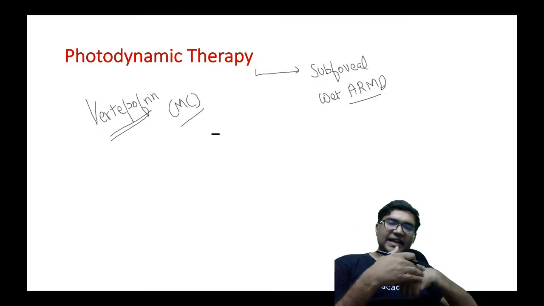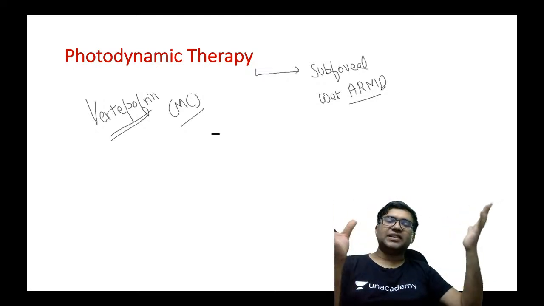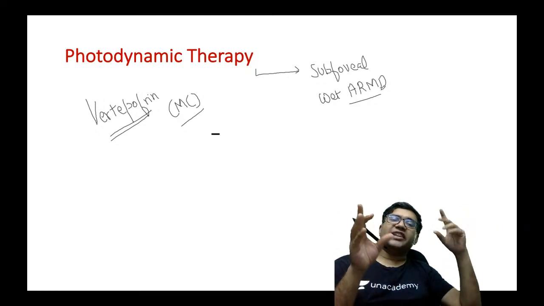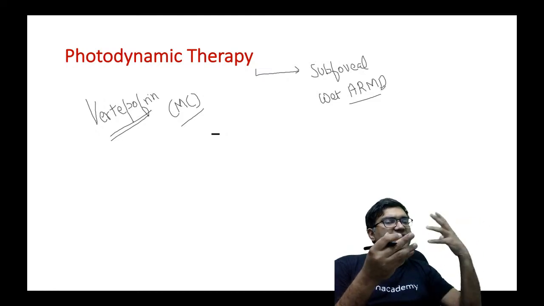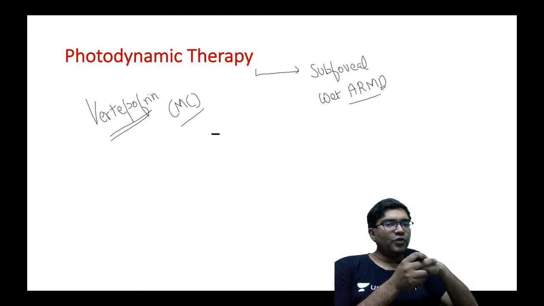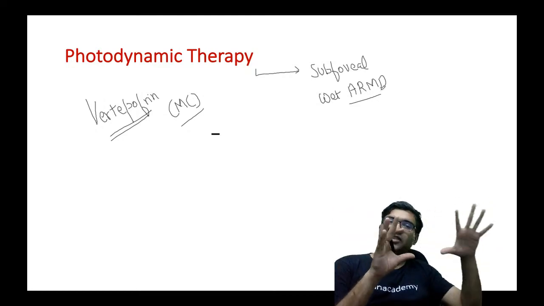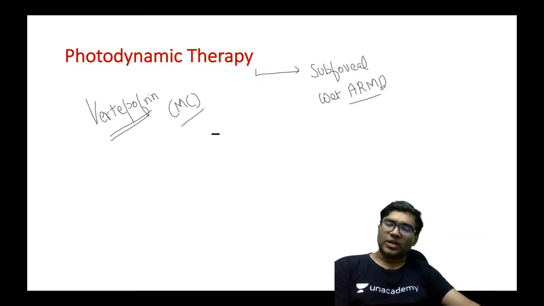You give this dye through your veins, and this dye then accumulates in your blood vessels. It preferably accumulates in the new vessels that are formed. So let's say the patient has new vessels beneath the fovea. Is it clear? If the new vessels are beneath the fovea, this verteporfin dye is accumulated there.